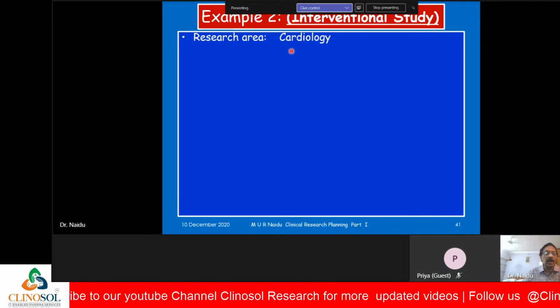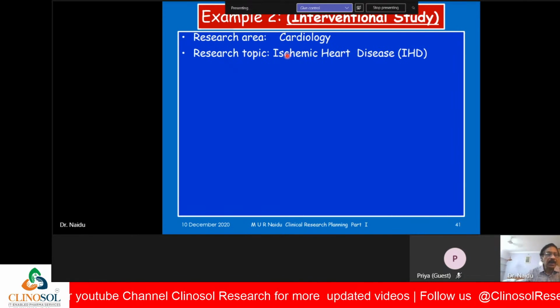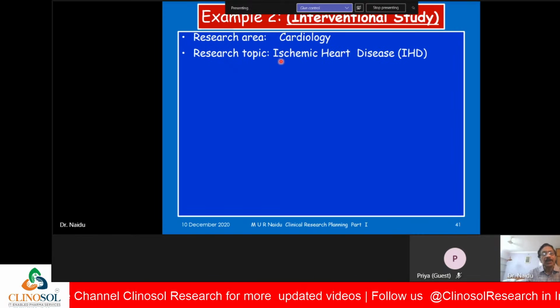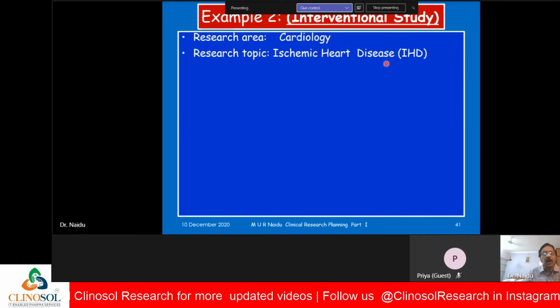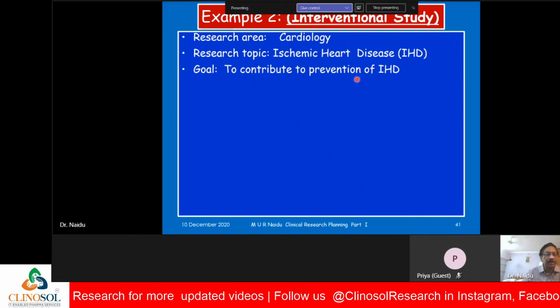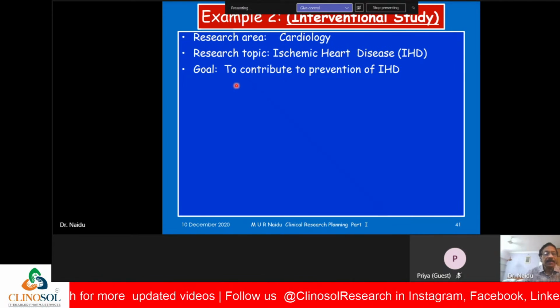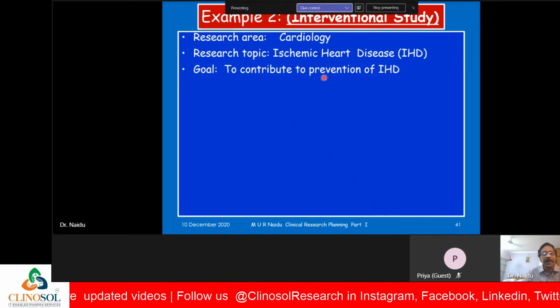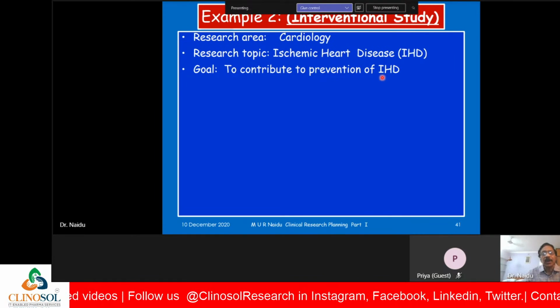An example is cardiology. In the cardiology area, my topic is a study on ischemic heart disease or coronary heart disease. My topic is whether I can do something for prevention of coronary artery disease.